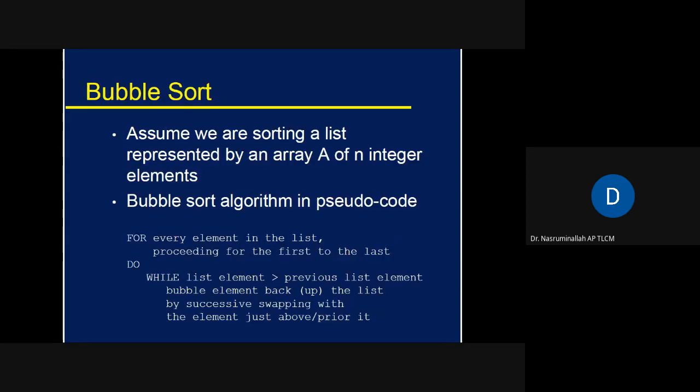Or it can be a larger element. If your strategy is to bubble up small elements, then the data will be sorted in ascending order. If your strategy is to bubble up larger elements, then the data will be sorted in descending order.